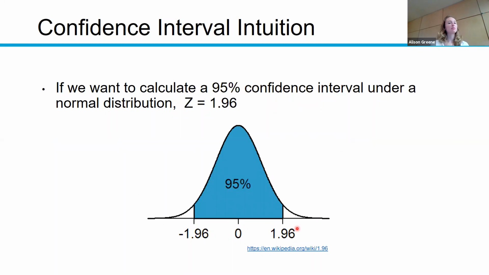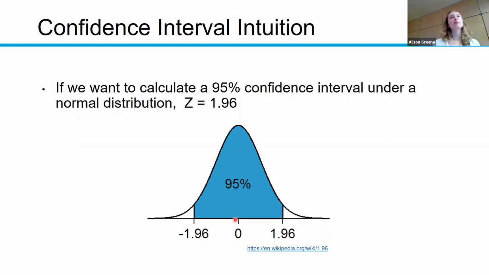Okay. Before we get into that more, what exactly is a confidence interval doing? What is a 95% confidence? This image is meant to depict a standard normal distribution, so a normal distribution with mean 0 and standard deviation 1. An important thing to know is a standard normal has, as I said, mean 0, but it's also symmetric about 0.